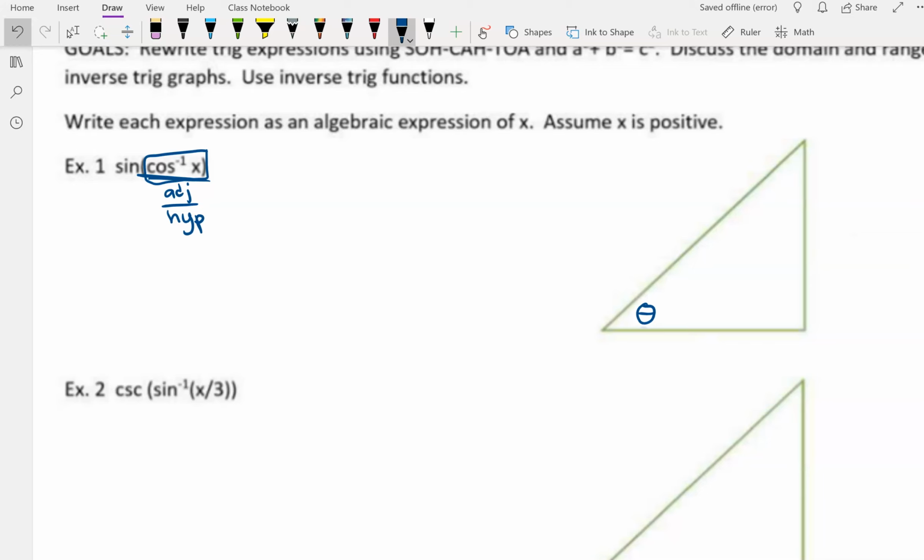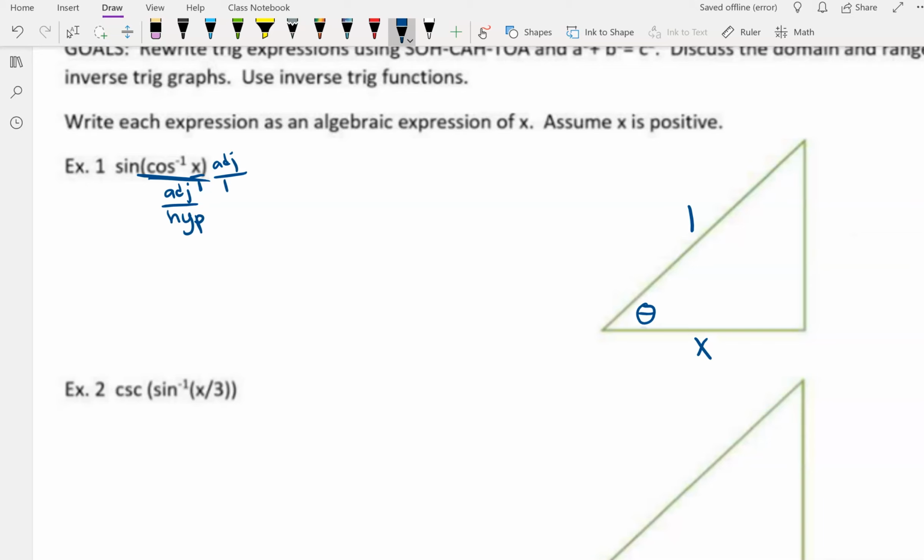So I'm going to change x into a fraction. To make x a fraction, I just put it over 1. So we have x over 1. So adjacent is x, and the hypotenuse is 1.